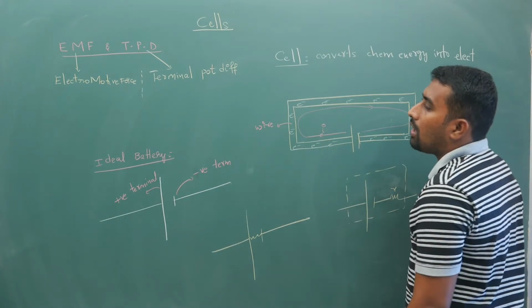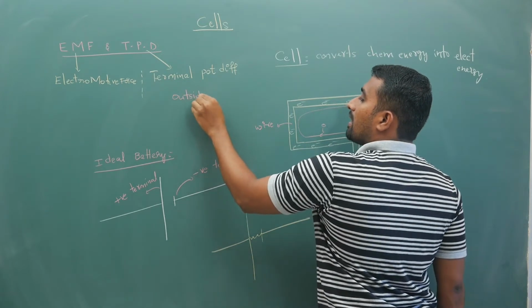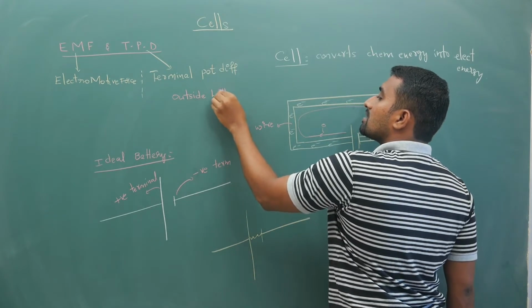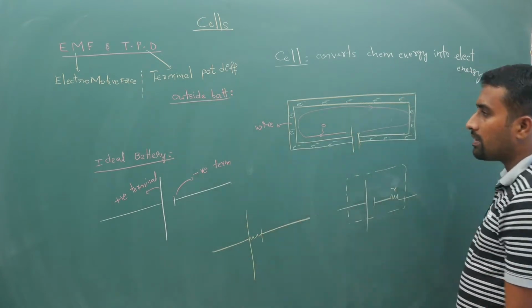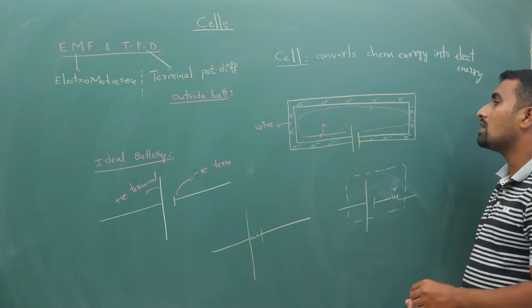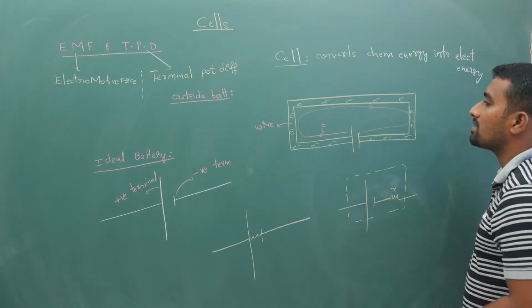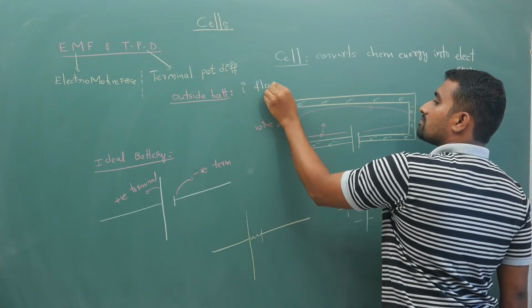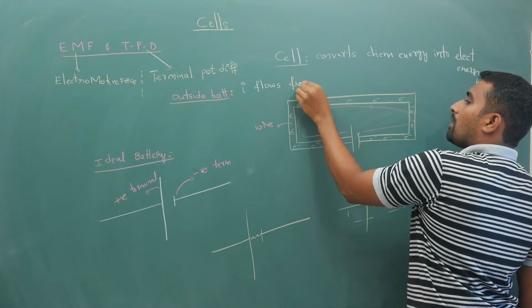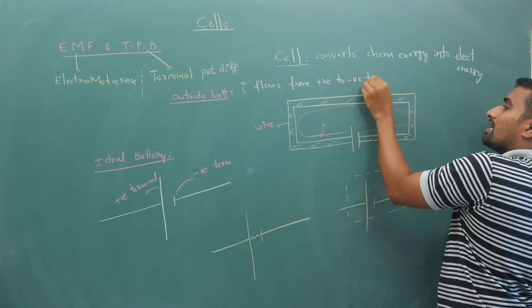Outside the battery, for a single cell circuit, in a bigger circuit you can apply Kirchhoff's laws and decide the direction of current, but in a circuit which simply contains a battery like this, I want you to understand that outside the battery, I flows from the positive to the negative terminal, and electrons will flow from negative to positive.